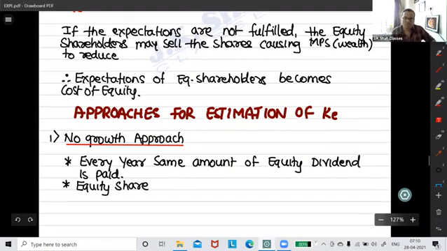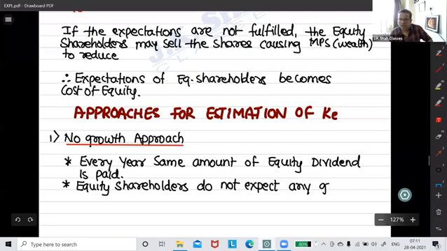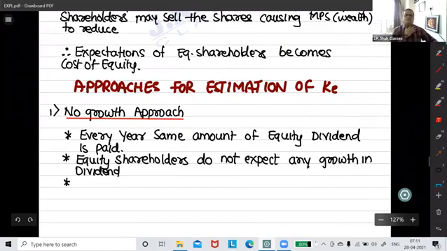Equity shareholders do not expect any growth in dividend. Okay.